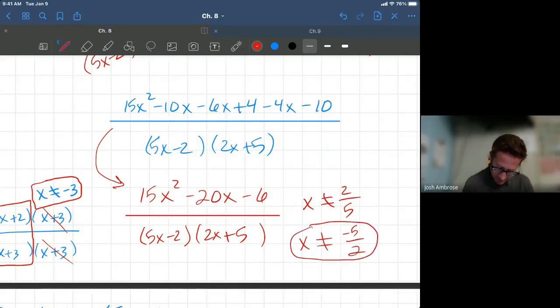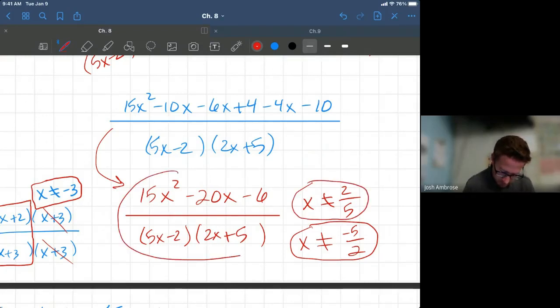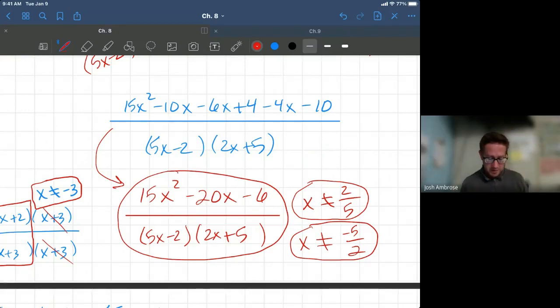So here's every single piece that you will need for that problem right there. What you're looking at is the simplified polynomial and the answers that x cannot equal in your denominator.